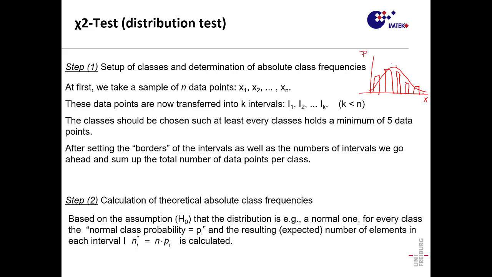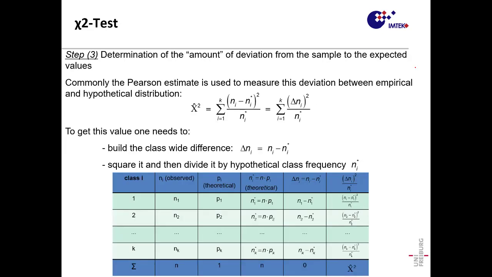Okay? So first you set up your bins. Then you have to calculate, at the height of the bins, the value of your theoretical distribution. And then you will have to subtract them and divide it by the width of the distribution. And this summation will follow a chi-square distribution.